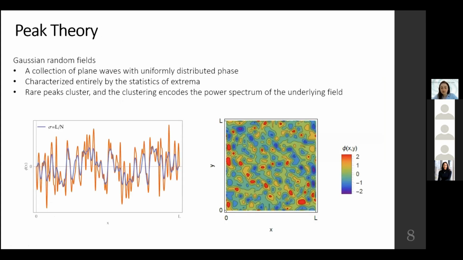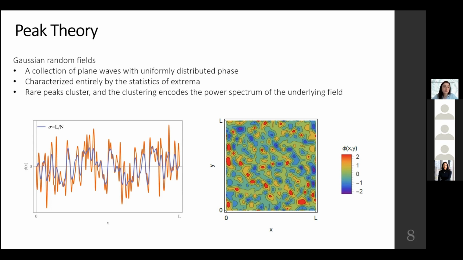And there is a semi-analytic framework that explains this phenomenon. It was developed by Bardeen et al. in their seminal paper, and the framework is based on Gaussian peak theory. So you can show that these Gaussian fields are fully characterized by the statistics of their extrema points, the minima and the maxima in the random field.